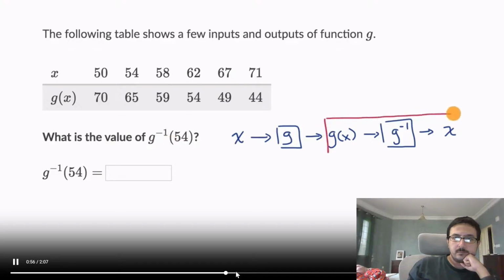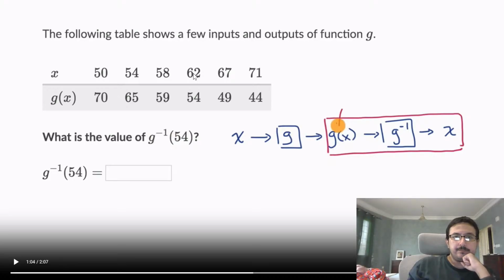So we can think about this part of the little chain that we set up. What we're inputting into this inverse function is 54. g of x, 54 gives me 62, right?